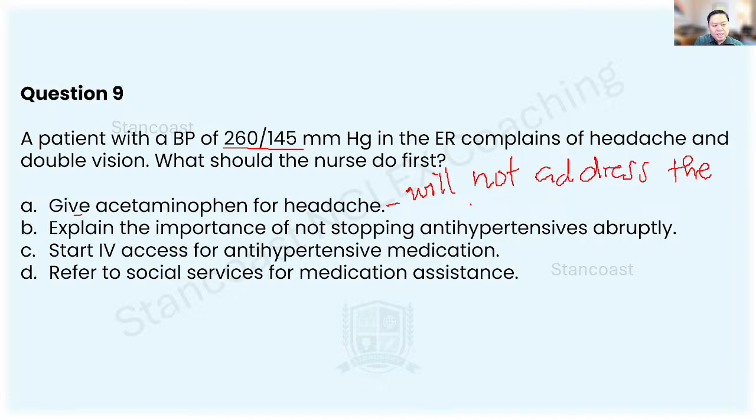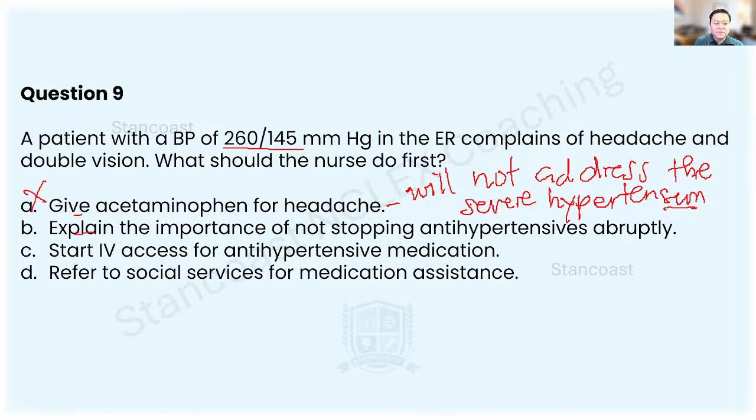With this kind of high blood pressure, probably the acetaminophen will not really work, because the problem here is the severe high blood pressure. So probably the headache will not go away. It might potentially mask, you're correct about that. But then again, with the severity of that high blood pressure, probably the headache will not go away. Okay, so that will be marked as wrong.